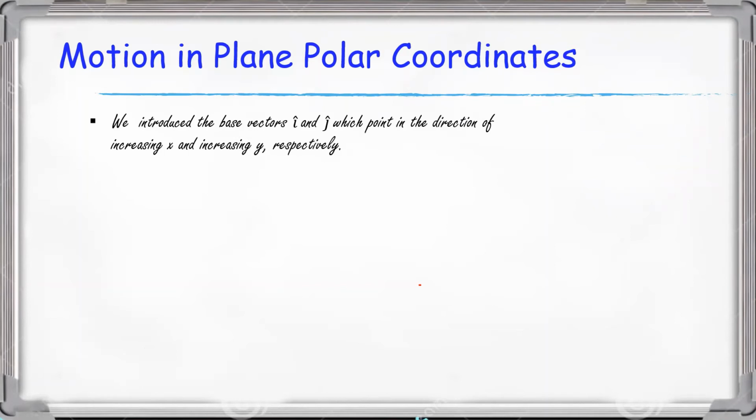And now we go to introduce the unit vectors. In the case of the Cartesian coordinate system, we have i and j as the unit vectors in the x and y direction, isn't it?